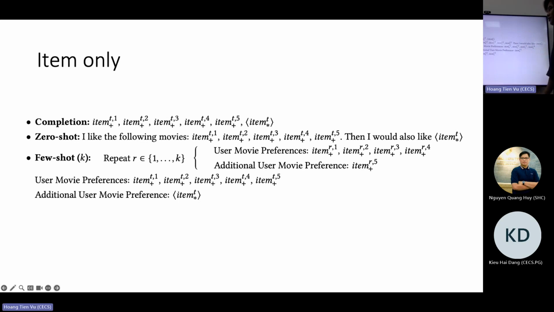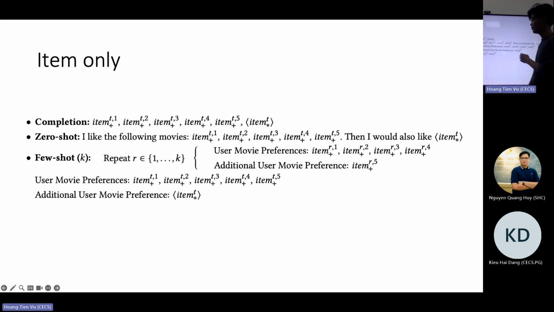For example, we know that a special user likes 5 items, item T1, item T2, up to item T5. And after that, they will have some rating on these movies, T stars.